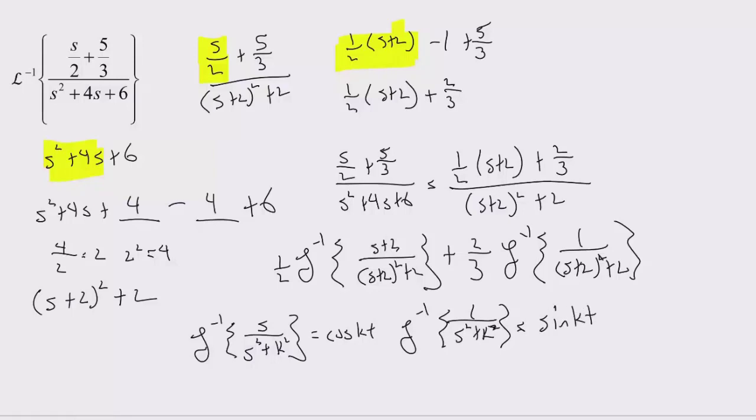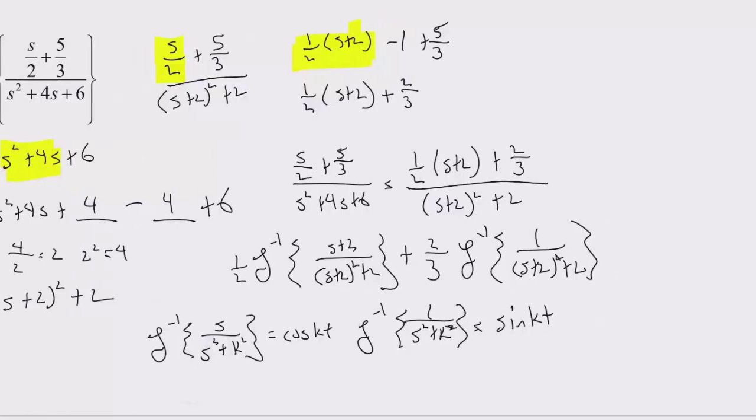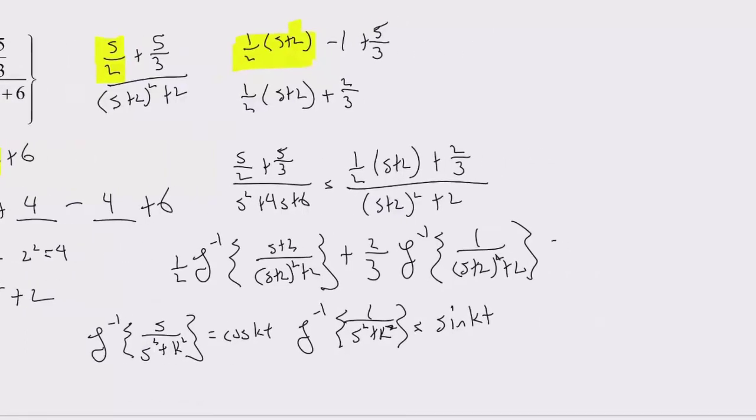Okay, so what does that have to do with what we got? Hopefully you can see the mirror that I did here. We have the 1/2 out front. The plus 2 becomes an e to the a t, so e to the negative 2t, because it should be s minus, but it's s plus.